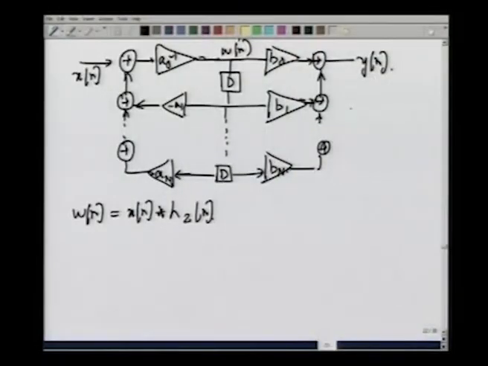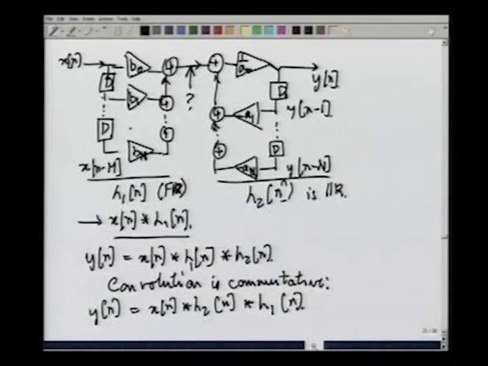This is called a direct form 2 implementation. And the implementation we had before, where you had 2 sets of blocks, 2 complete independent sets of delays, etc., is called a direct form 1 realization.